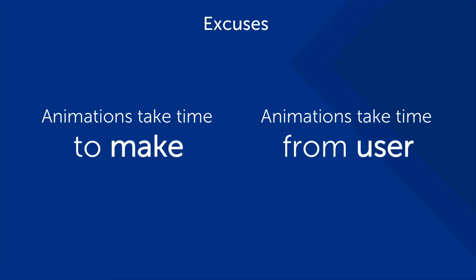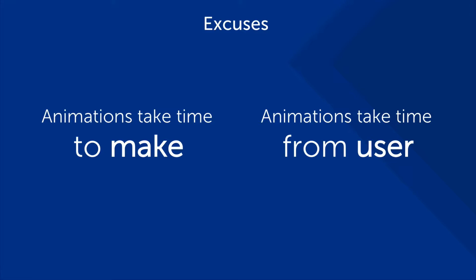The other excuse is this: animations take time out of a user's day to experience. Watching an animation, your little movies that you make, is going to add up eventually. Now this is partly true if you've done a half-assed job. There are so many bad ways to implement animation, it may just take up the user's time.